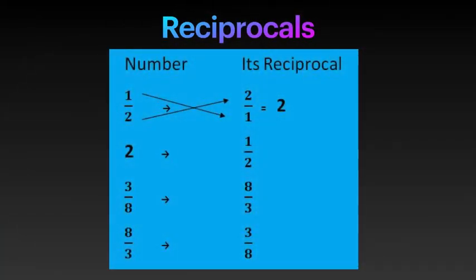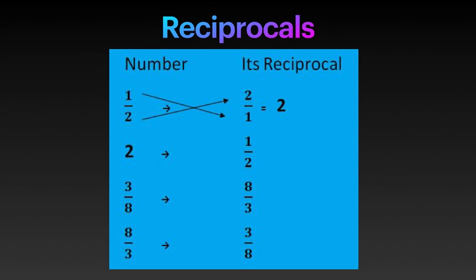Our eighth and last type of fraction is reciprocals. When we write a number, we always have a 1 below it. Though we don't write it, we only use it when there is a necessity. So we can write any number like a fraction. We can write 1 as 1/1, 2 as 2/1, 3 as 3/1.